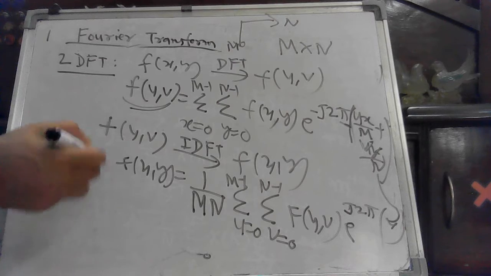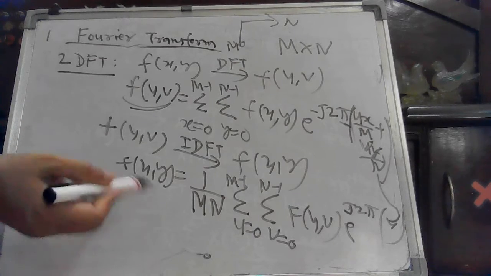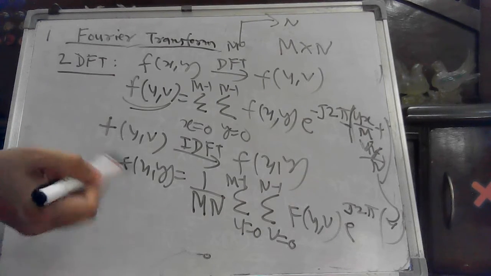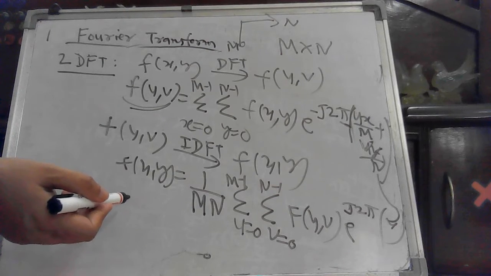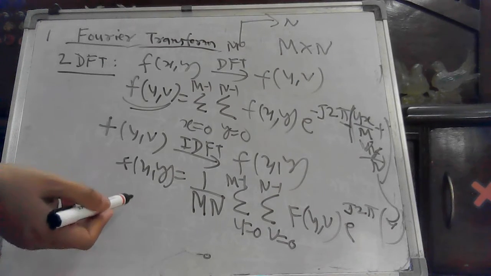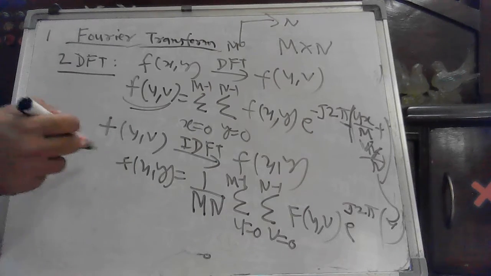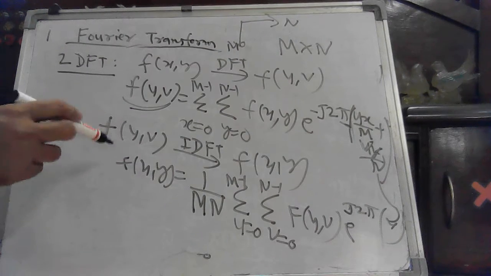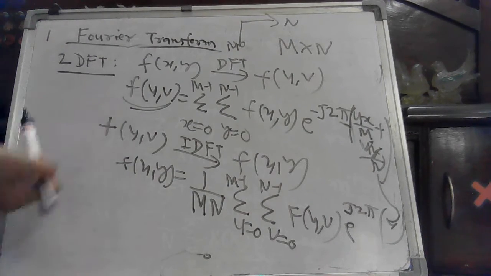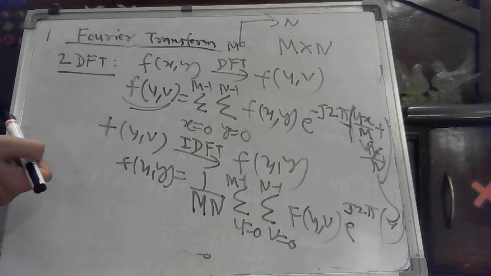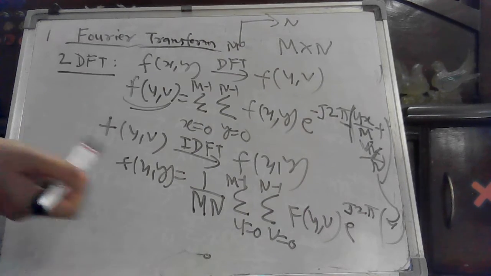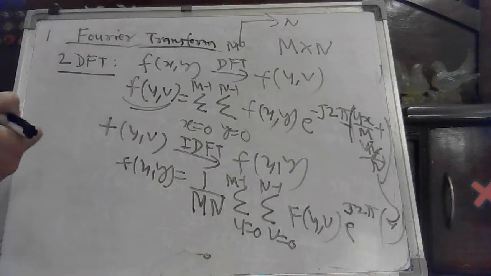I have told you the square: the signal is u comma v, so R is the real part squared plus the imaginary part squared, and the square root of that will give you the Fourier spectrum. The square will give you the power spectrum of it, and tan inverse of the imaginary part divided by the real part will give you the phase angle of that signal. So that is all about 2D DFT.